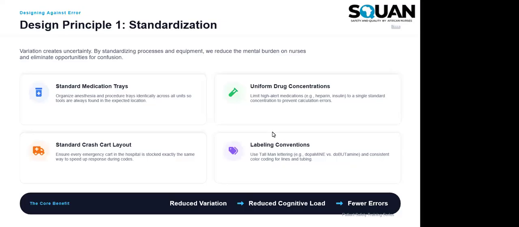Okay. So yes, standardization. We can have a layer for medicines, a layer for consumables, a layer for your ambu bag and all those things that come with the crash cart.